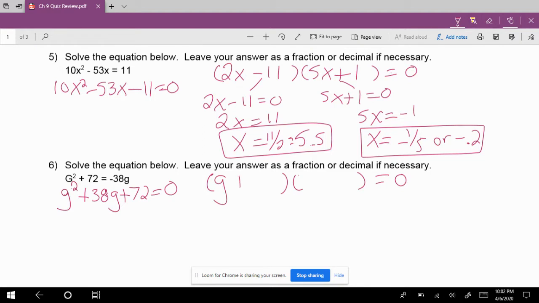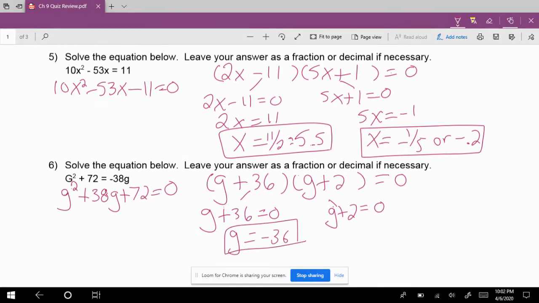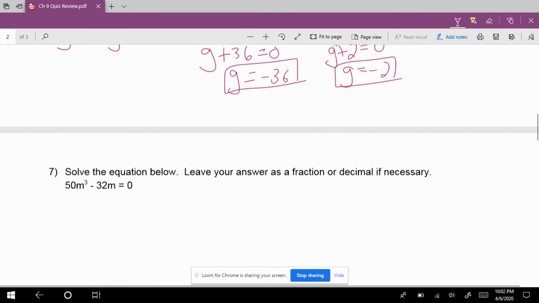And this one is g plus 36 and g plus 2. So when you set each of these equal to 0, you get negative 36 and negative 2 as your two answers. Okay.